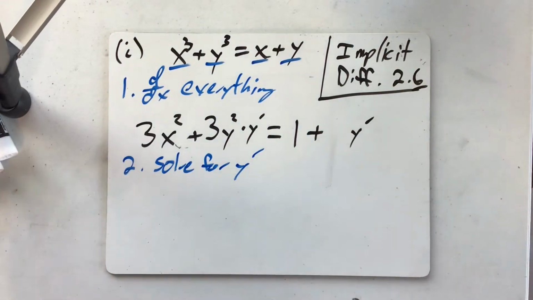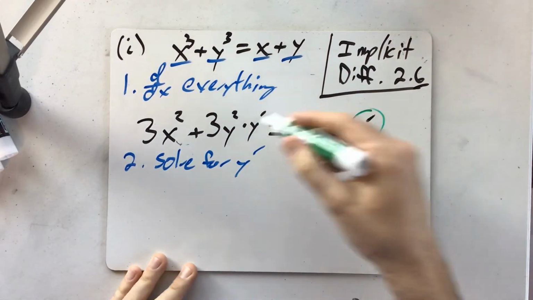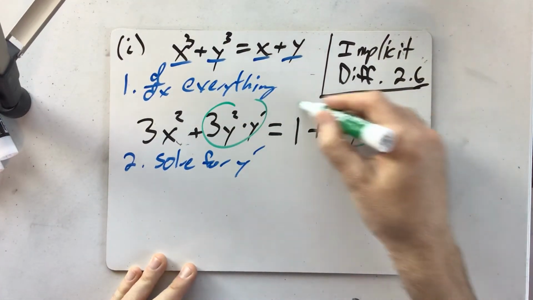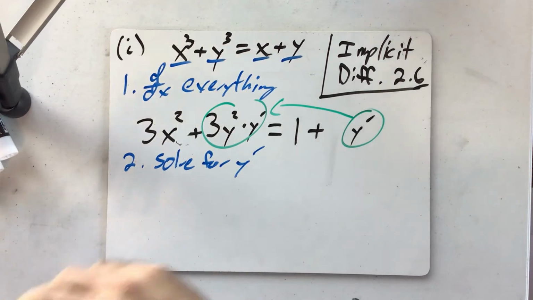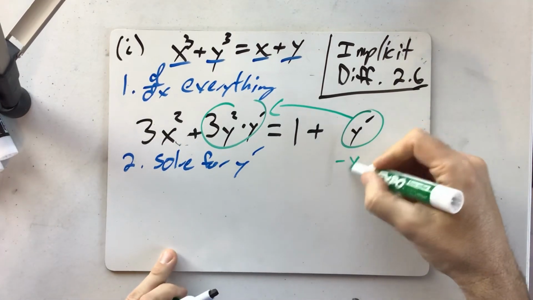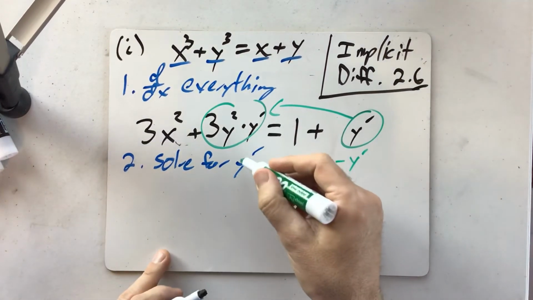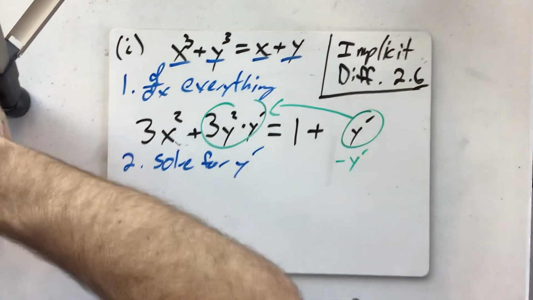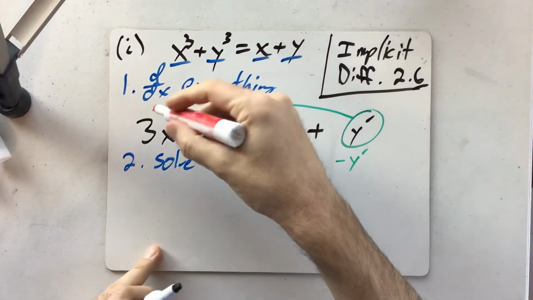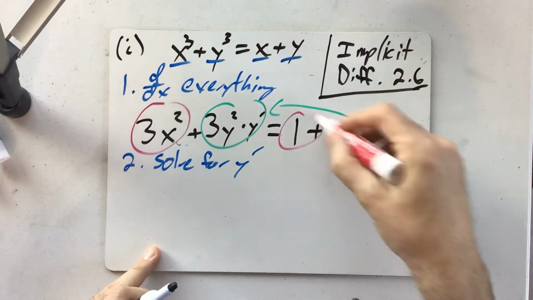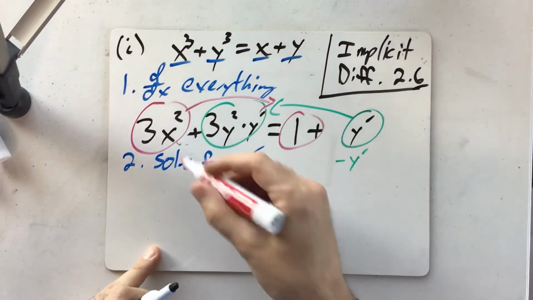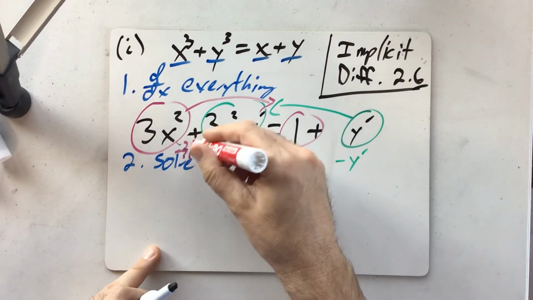The solving is always the same. It involves taking everything that has a y prime in it and moving it to the same side. So I'm going to move my y prime over here, which means subtracting y prime on both sides. Then I'm going to move all the x terms to the other side, which means subtracting 3x squared.